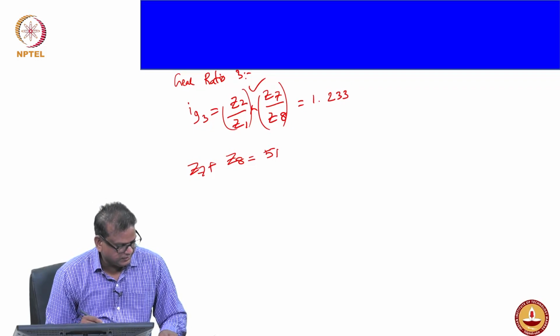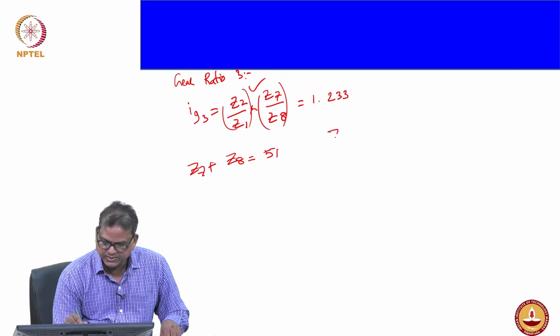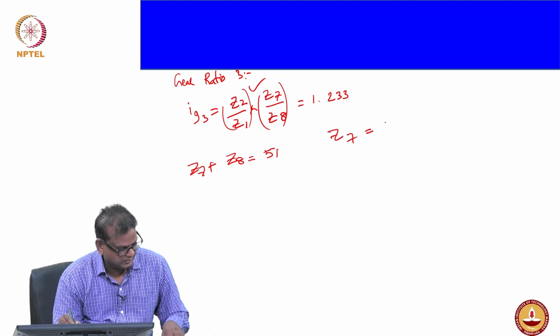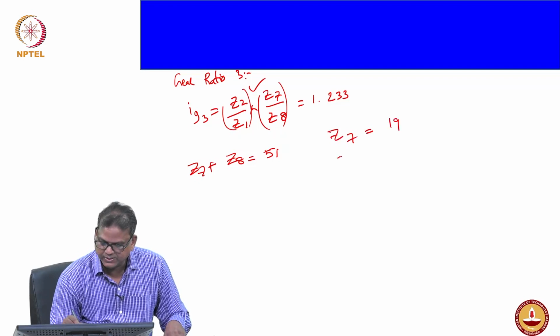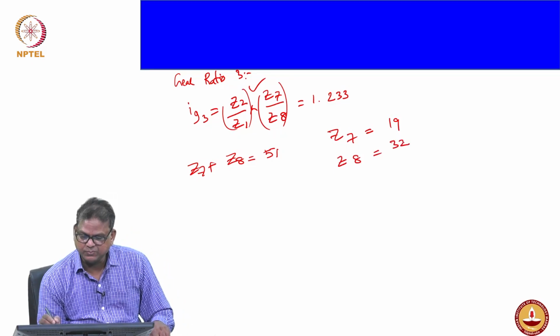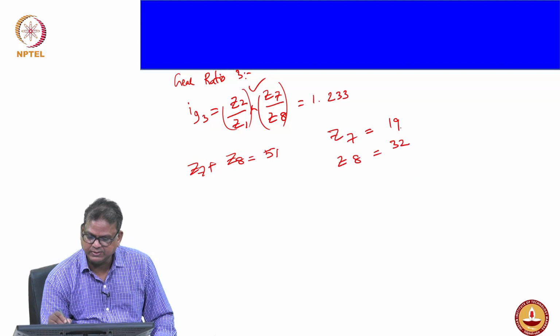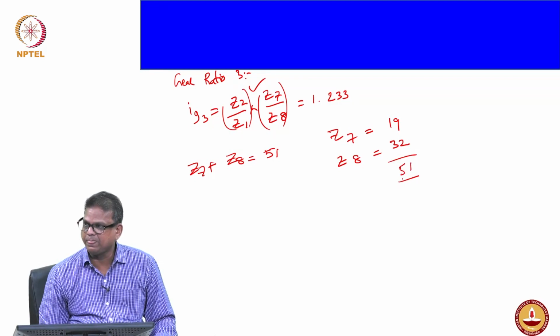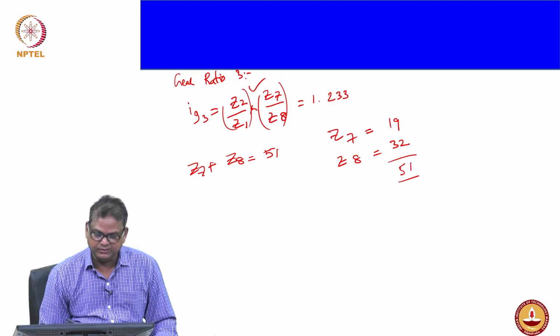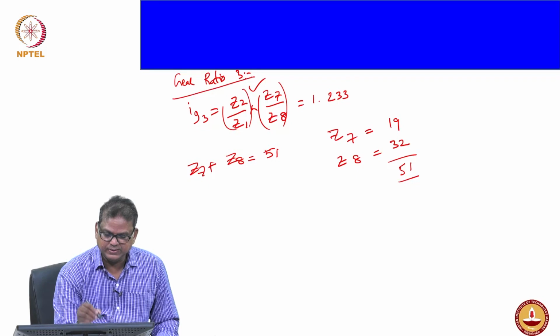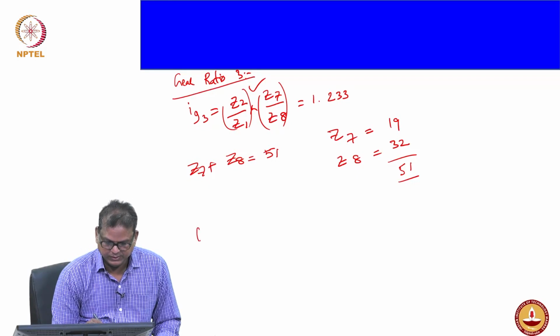By solving it, you would expect Z7 to be 19 teeth and Z8 to be 32. Please work it out, you will get this answer. Adding these gives 51 as the total number of teeth using the center distance method.